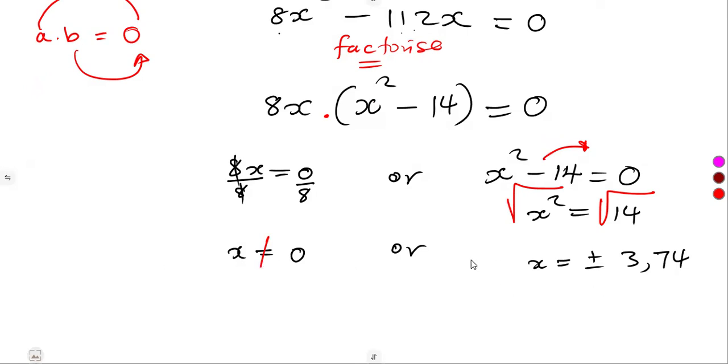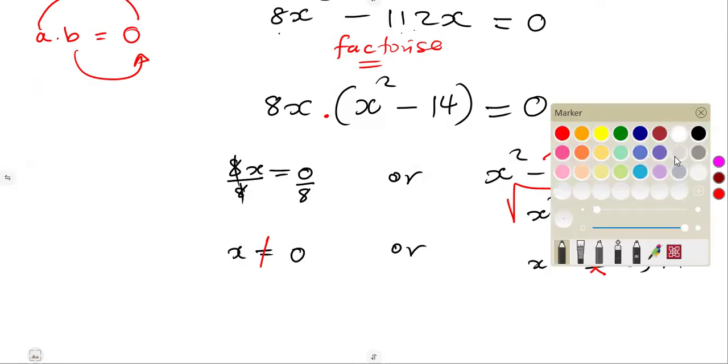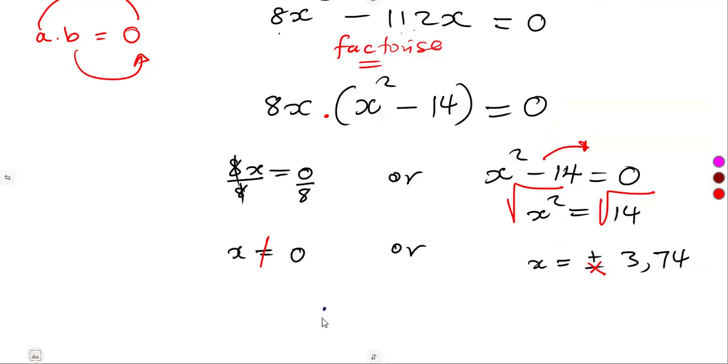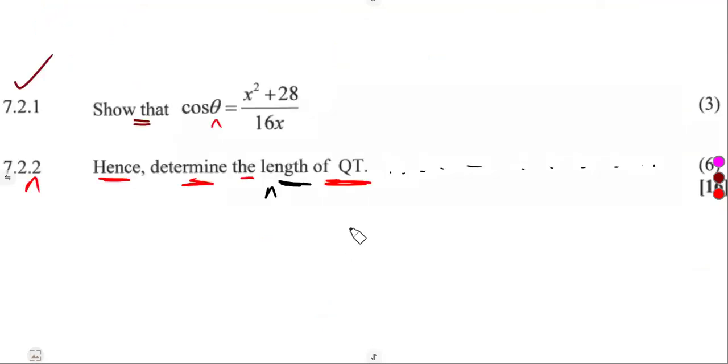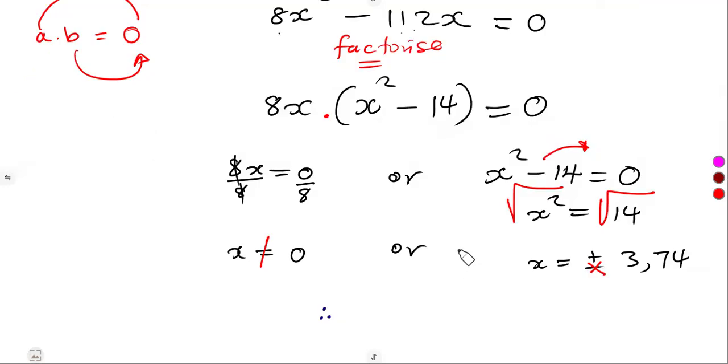And also on these two solutions that we determined, plus or minus, the length is always a positive. We take the magnitude, which is the positive value. So therefore, our length of QT, the one that we are given, which represents x, like I said, is equal to what? 3,74 units.